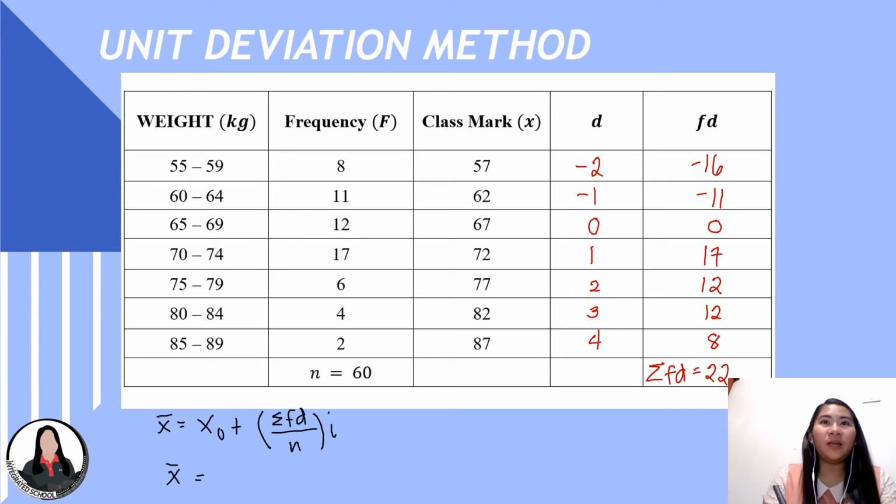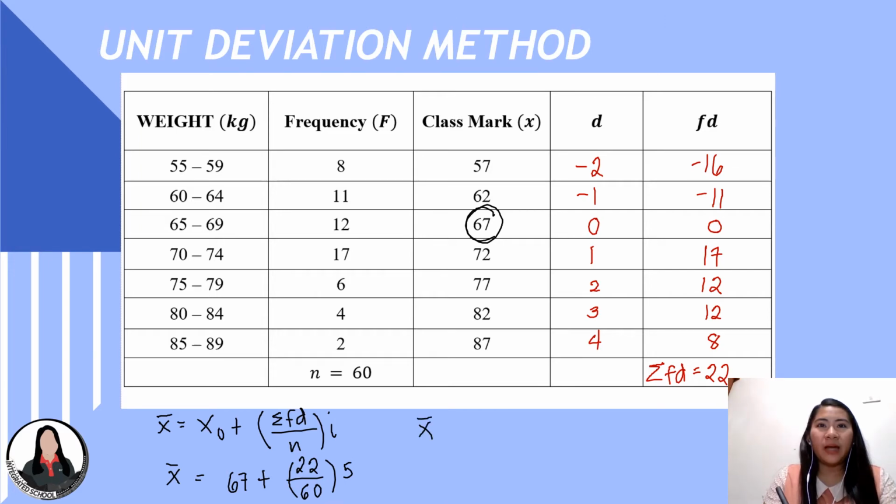So, simply, ito yon, 67. Kasi ito yung inassume natin, yun yung class mark niya. So, we have 67 plus the summation of fd, 22, all over n, which is 60, and then multiplied by i. The value of i, or the class width, is 5.